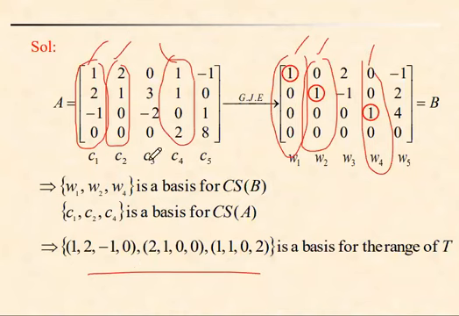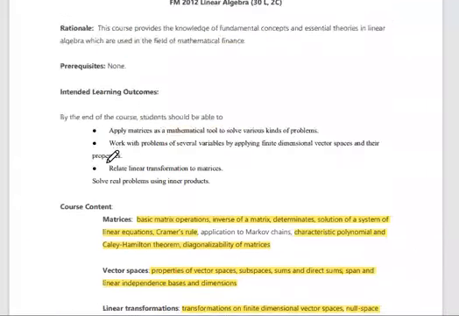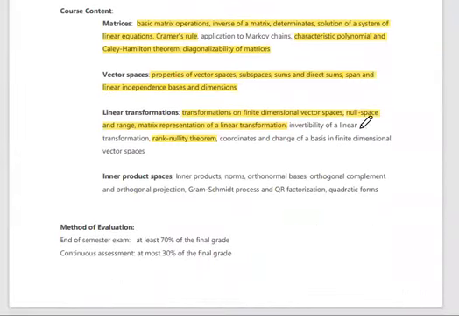Let's go back to our schedule. The null space of transformation. And null theorem map today.